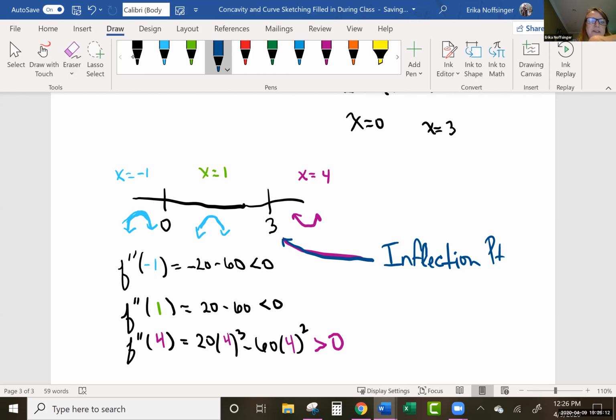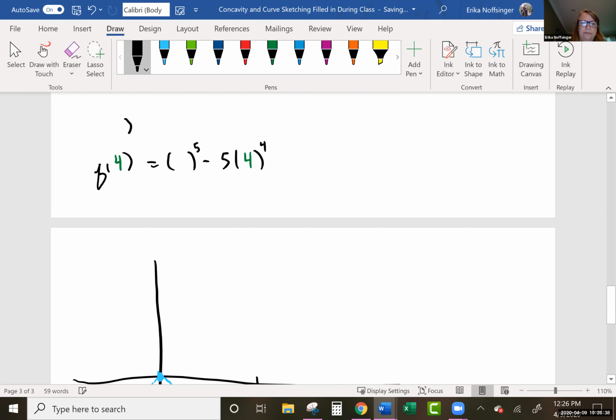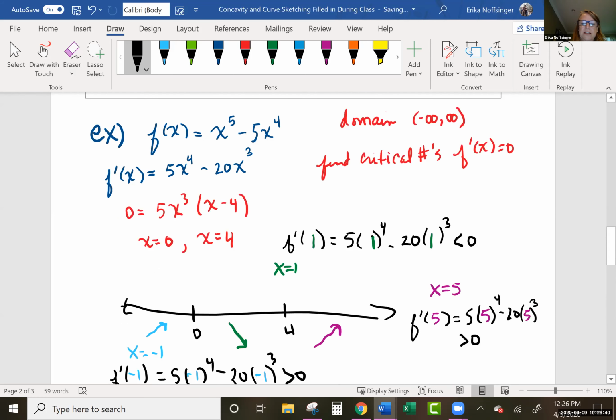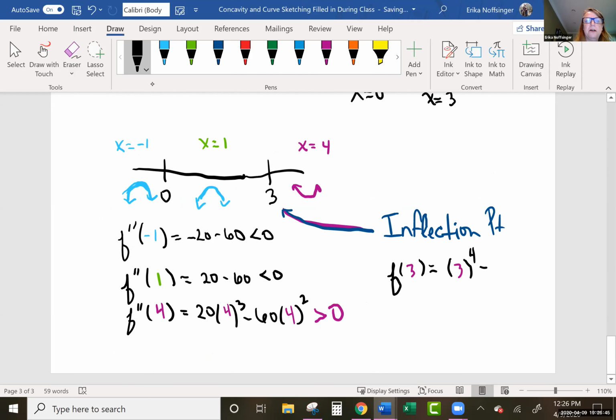And so we have to figure out what that value is, and you have to plug it back into the original equation. Okay, and the original equation was x to the 4th. So let's plug in 3 there. What was it? Minus 5x to the 4th. Actually, that was wrong. So this was to the 5th power.